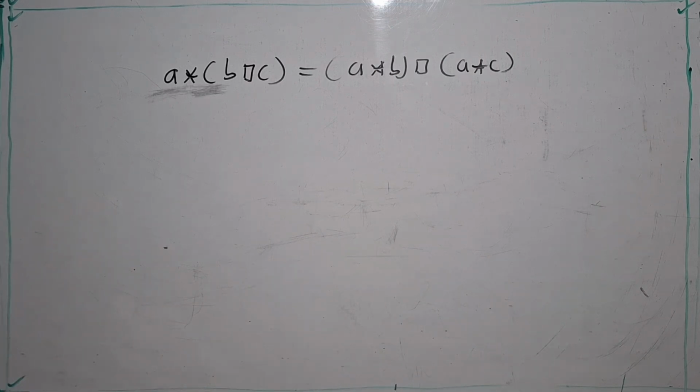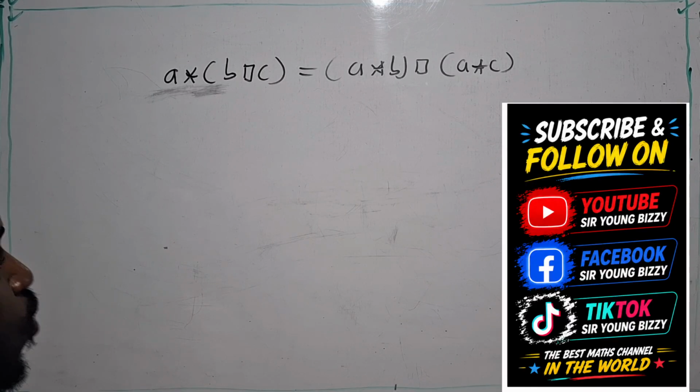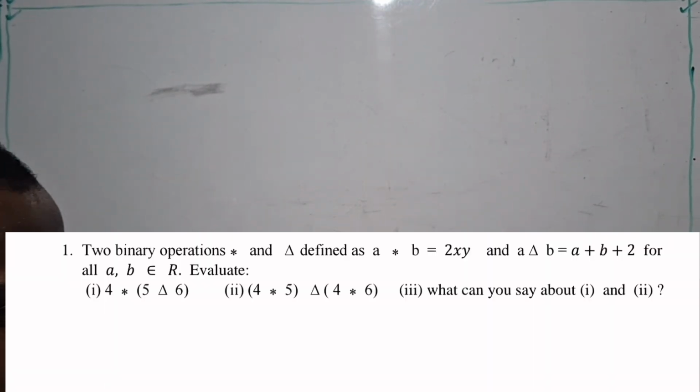So we are quickly going to take a question on how to determine the distributive property under binary operations. The screen says 2 binary operations.